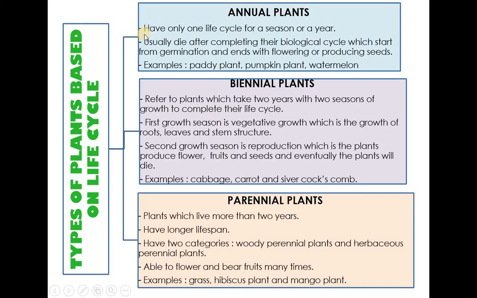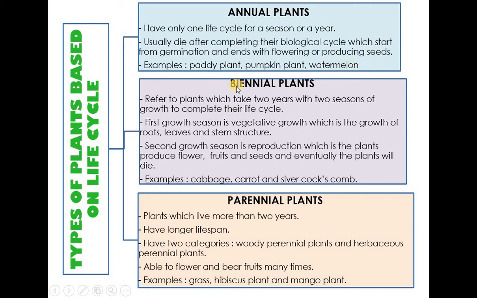Annual plants have only one life cycle for a season or a year, and usually die after completing their biological cycle, which starts from germination and ends with flowering or producing seed. It means annual means one life cycle only. Examples: paddy plant, pumpkin plant, and watermelon plant.